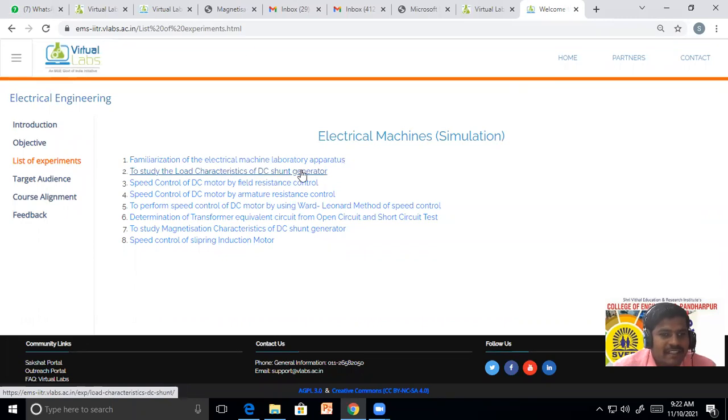Study the load characteristics of DC shunt generator, speed control of DC motor by field resistance control, speed control of DC motor by armature resistance control, speed control of DC motor by the odd even odd method, determination of transformer equivalent circuit by open circuit and short circuit test, to study the magnetization characteristics, and speed control of slip ring induction motor. These practicals are done under this lab, Electrical Machine, IIT Roorkee.